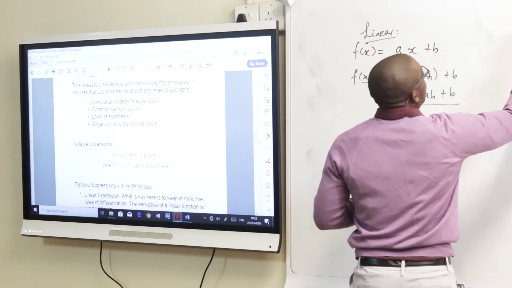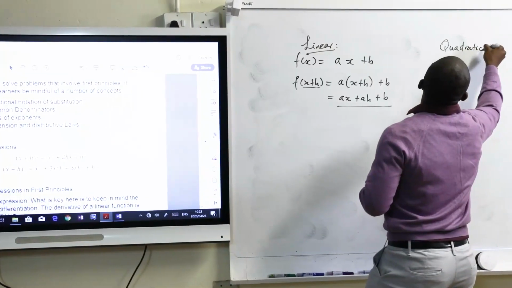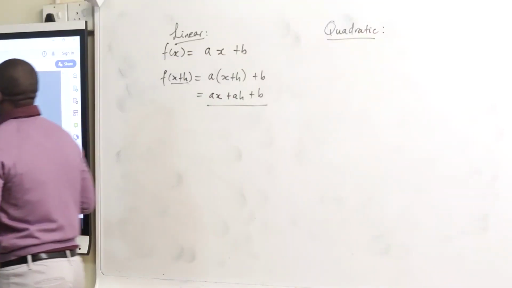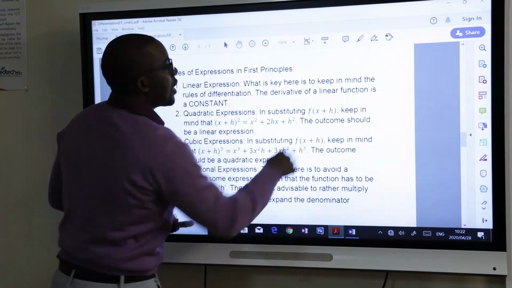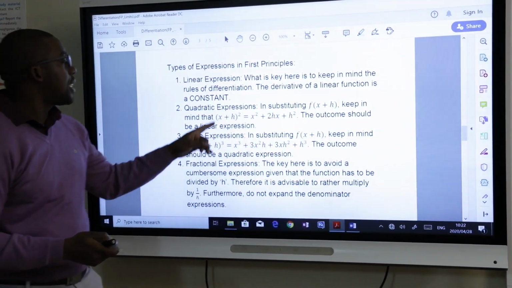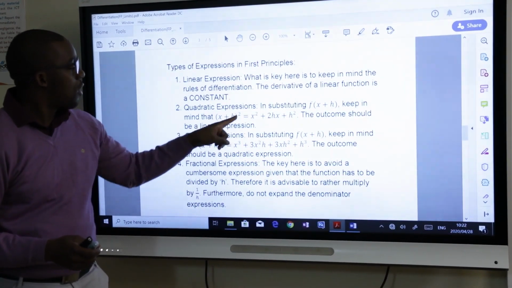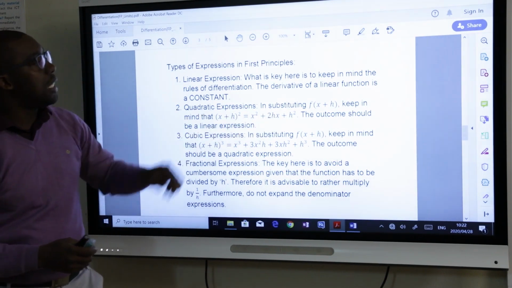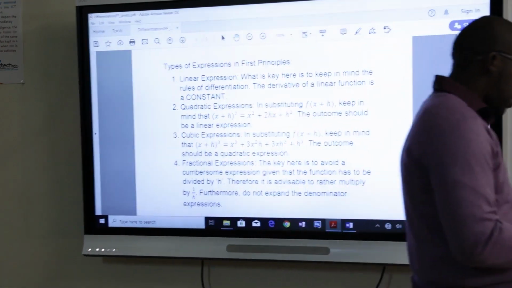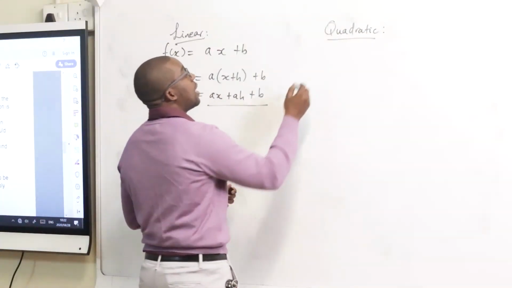It could be quadratic. If it is quadratic, in substituting f of x plus h, keep in mind that x plus h squared is equals to that. The outcome should be a linear. The outcome, that means ultimately when we are done with the answer.